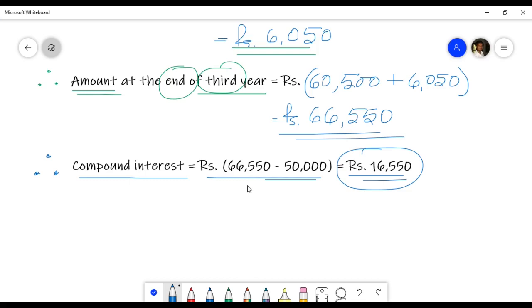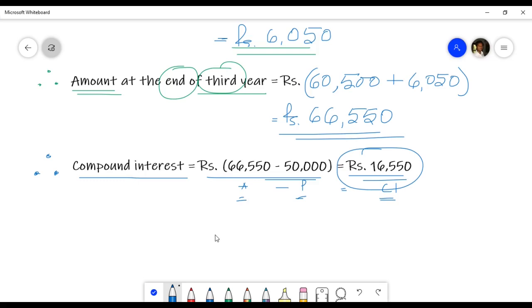That is how we calculate the compound interest. 66,550 is the amount at the end of the third year, and 50,000 is the initial principal, and so our compound interest is rupees 16,550. I hope you have understood it.